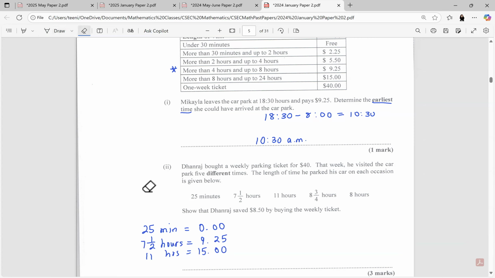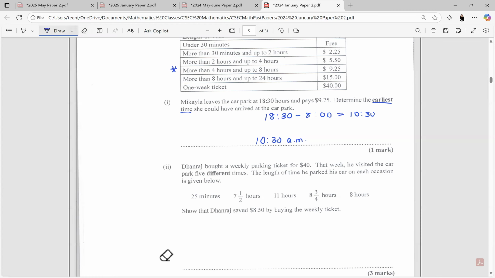So basically, you got to add up all of those. I just want to write this over because it's just not giving me enough space within this area here. So for the 25 minutes, it was $0. And then for 7.5 hours, it was $9.25. 11 hours is $15. 8.75 hours is $15.